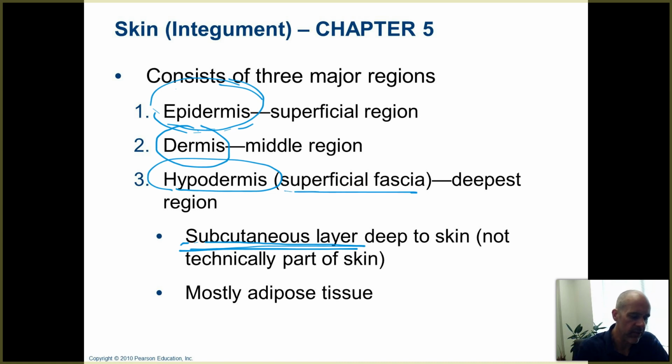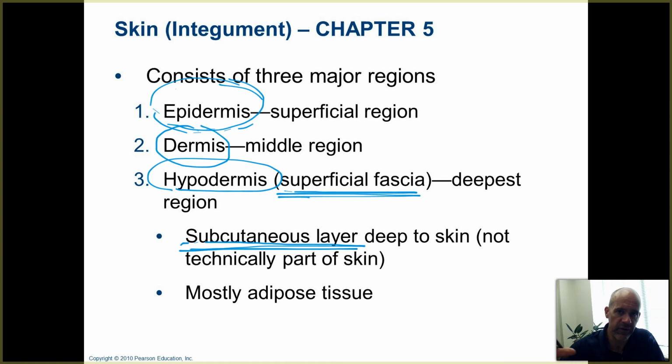Hypodermis is sometimes also referred to as superficial fascia. You might have heard of somebody before who has plantar fasciitis on the sole of their foot. Fascia includes connective tissues between the skin and muscle. So the hypodermis consists of connective tissues, including the fat cells that are there. Remember your adipose tissues from Chapter 4, that is a type of connective tissue. It's a type of loose connective tissue.